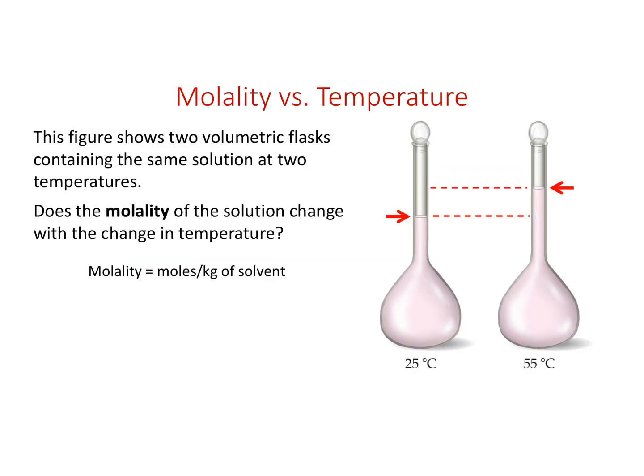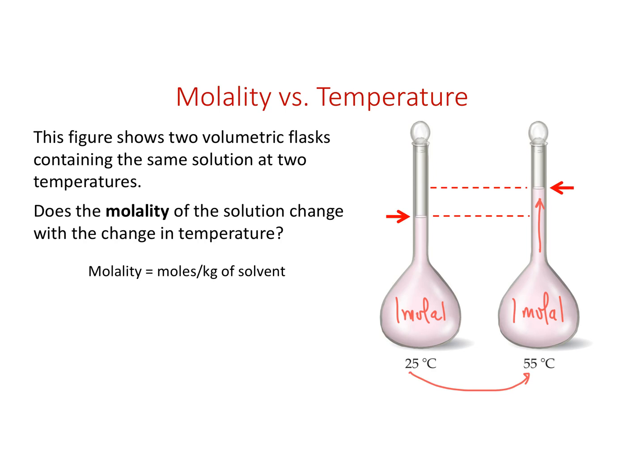And so taking a look at that same sample, molality is moles over kilograms of solvent. Here's my sample, and let's say this is 1 molal. I heat that sample up from 25 degrees to 55 degrees, and sure, that solution expands, so my volume increases, but the mass of that solvent will stay the same. Just because the volume increased does not mean I'm going to see a change in the mass of that solvent. So as a result, both of these will have the same concentration with respect to molality.